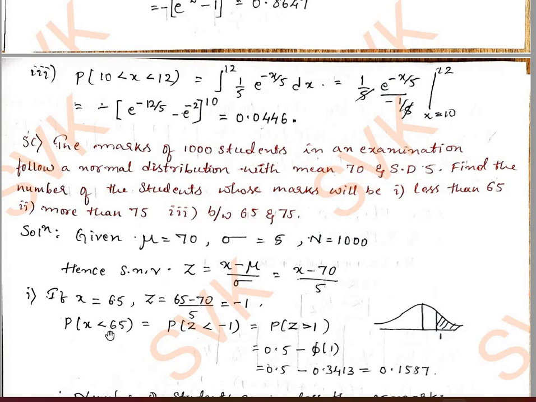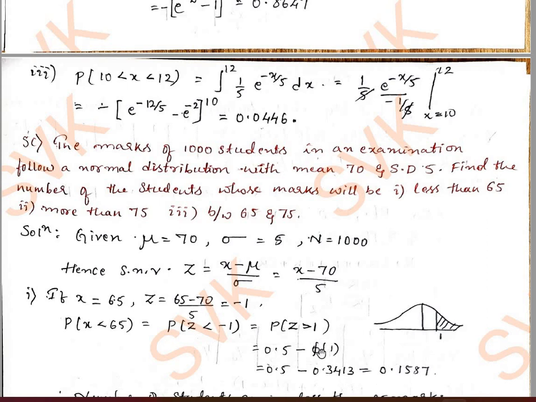Probability of x less than 65 becomes probability of z less than minus 1, which, as it is symmetric about z equal to 0, we can write as probability of z greater than 1. So that is 0.5 minus this distance, which is nothing but phi of 1. So we are going to get the value as 0.1587.